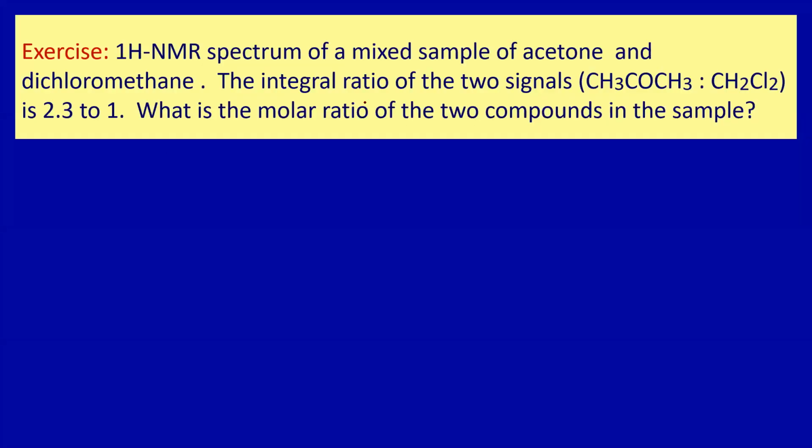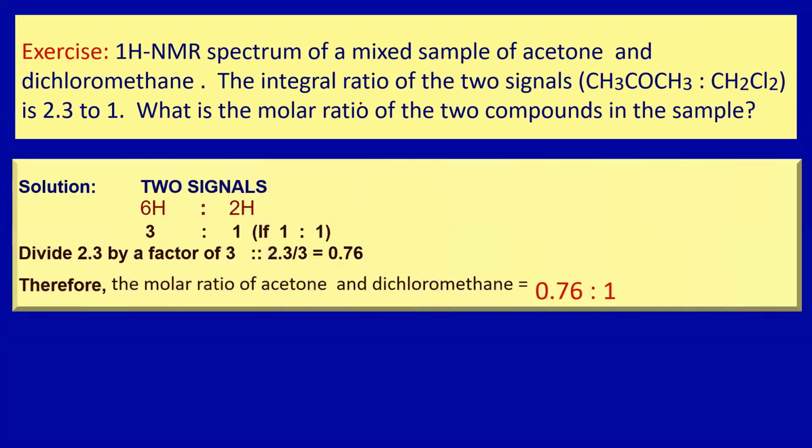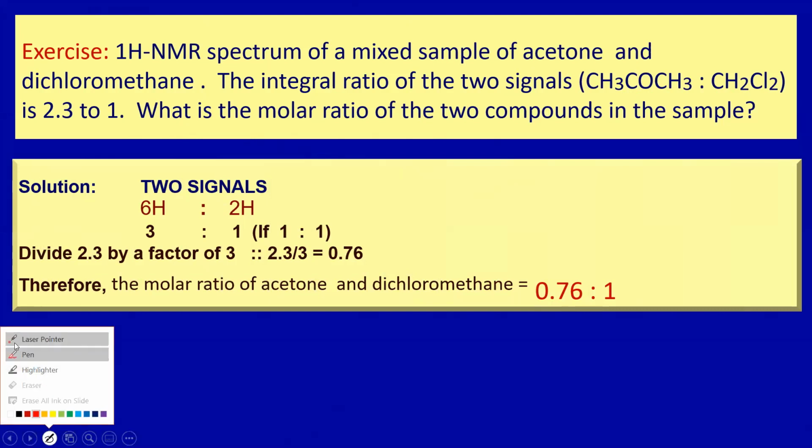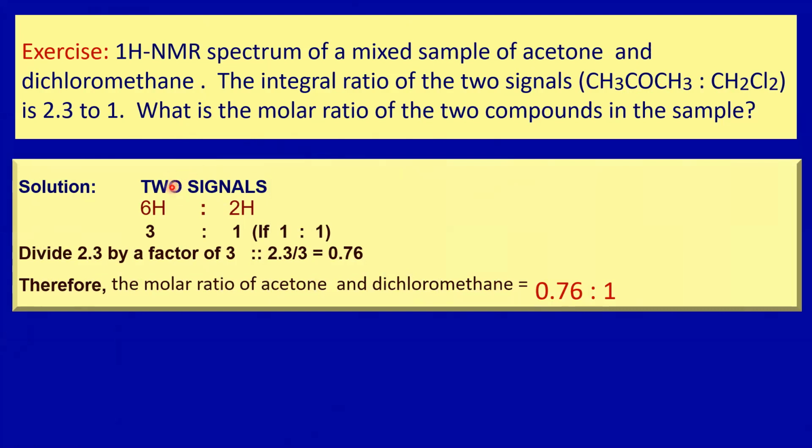Now, sometimes from the integral ratio, you can also determine the molar ratio. Look at here, acetone and dichloromethane. Their integral ratio is 2.3:1. Let us look at it. We have 6 hydrogens and 2 hydrogens, so the ratio will be 3:1.